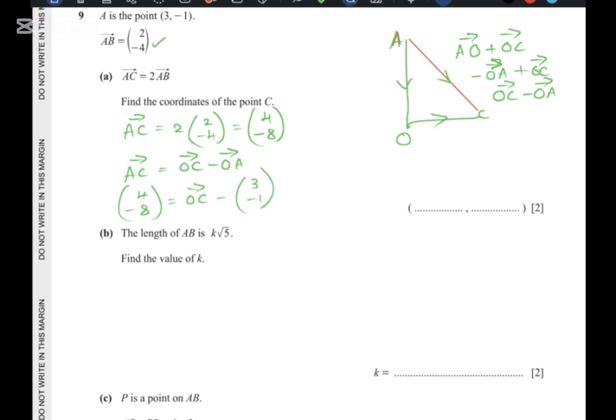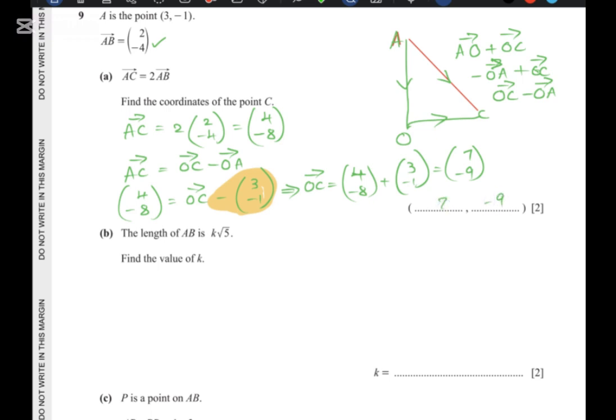Now to find OC, I'll take this to the right hand side, so minus will become plus. So OC is equal to (4, -8) plus (3, -1). So that will be (7, -9). So now we know the position vector of C. So the coordinates of C will be (7, -9).